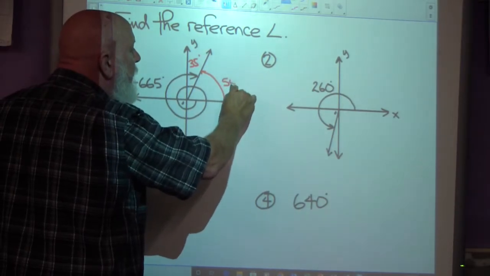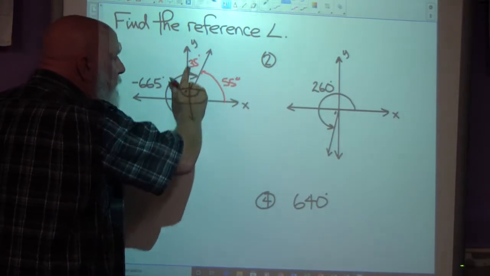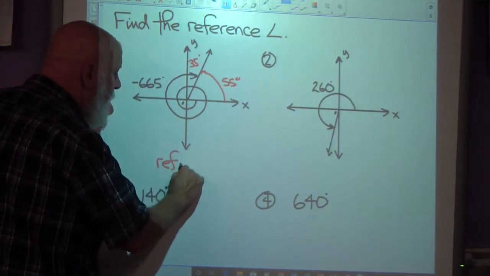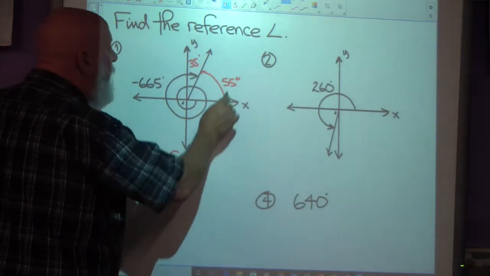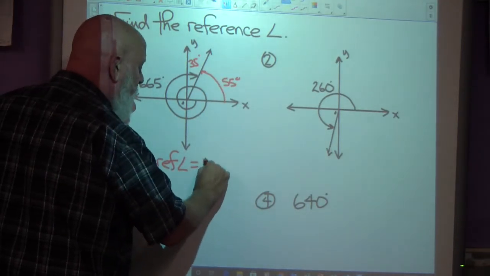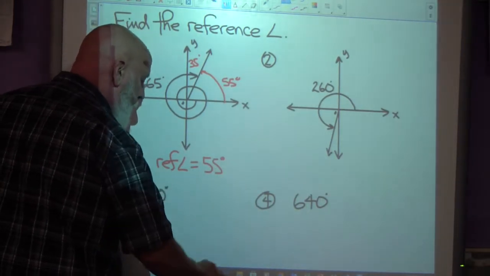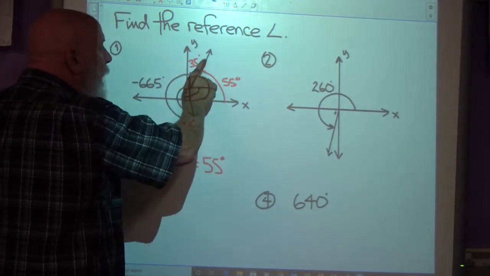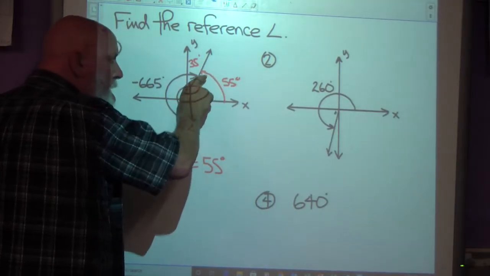This 55 plus 35 would make this 90. So our reference angle would be 55 degrees in this case. That is the angle formed by the terminal side of our angle of rotation and the nearest x-axis.